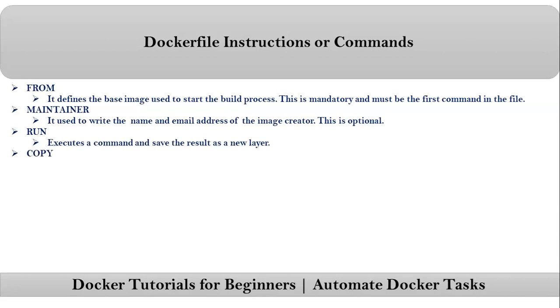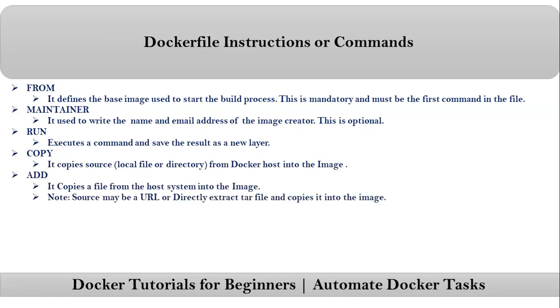Then COPY. Actually, we have two types of instructions here: one is COPY and the second one is ADD. But there is a difference between COPY and ADD. The COPY instruction will copy a file or directory from your source, which is your Docker host, into your image.